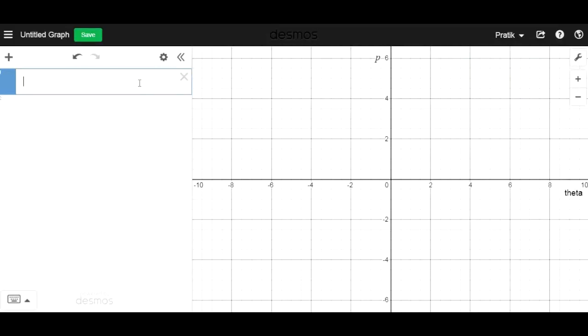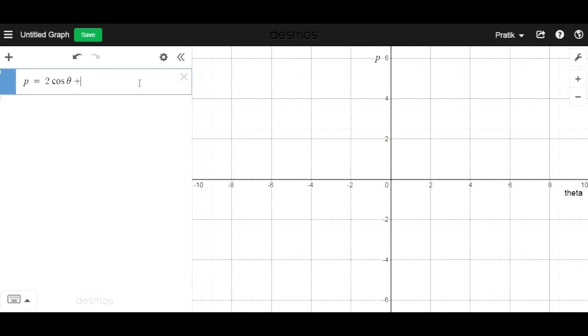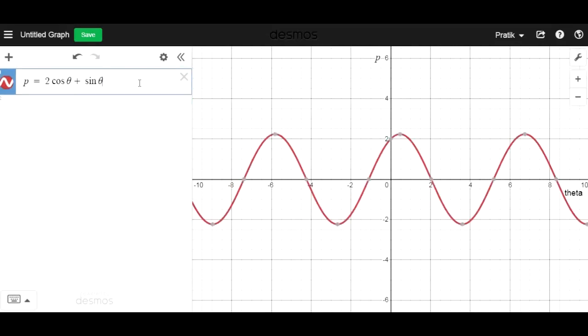It is very easy. You just have to write p is equal to the equation. My equation was 2 cos theta plus sine theta. This is my first equation, so that is giving me a curve like this.